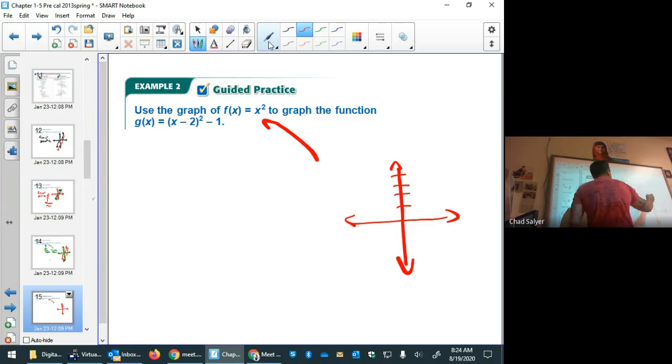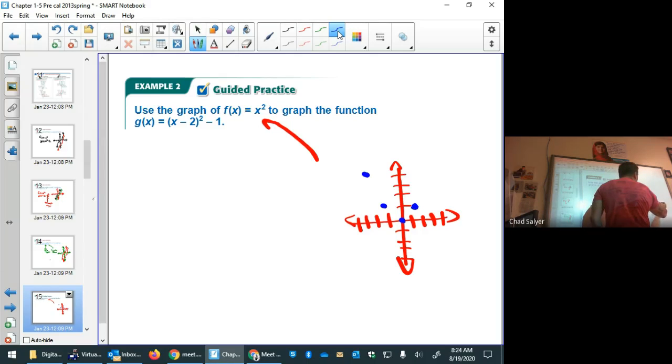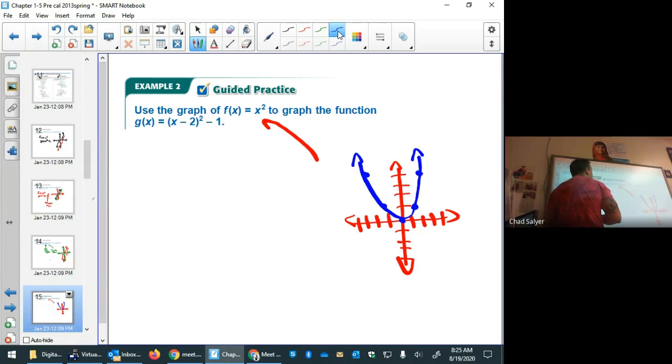So f of x equals x squared includes the points -2, 4, -1, 1, 0, 0, 1, 1, and 2, 4. So you remember the parabola shape. So there's f of x equals x squared.